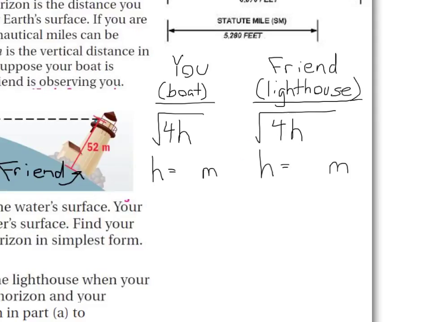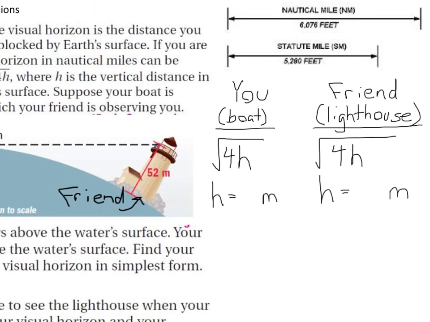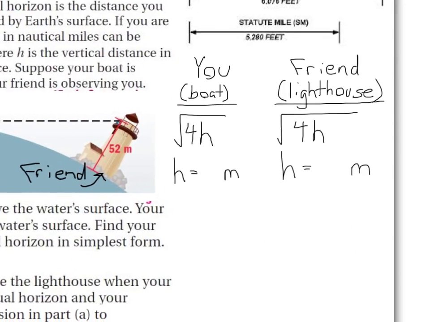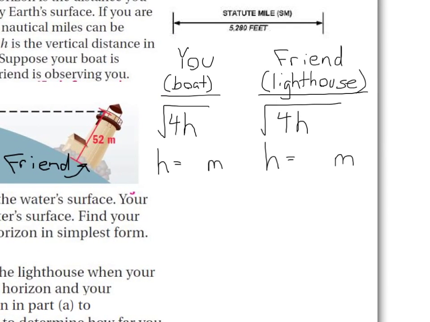Now what we need to figure out is this variable h. Well, as we saw earlier, h is the vertical distance in meters from your eye to the water surface. For us, it is 4 meters, and for our friend, it is 52 meters. So knowing that information, we know h for each, and from here, we can continue to calculate.